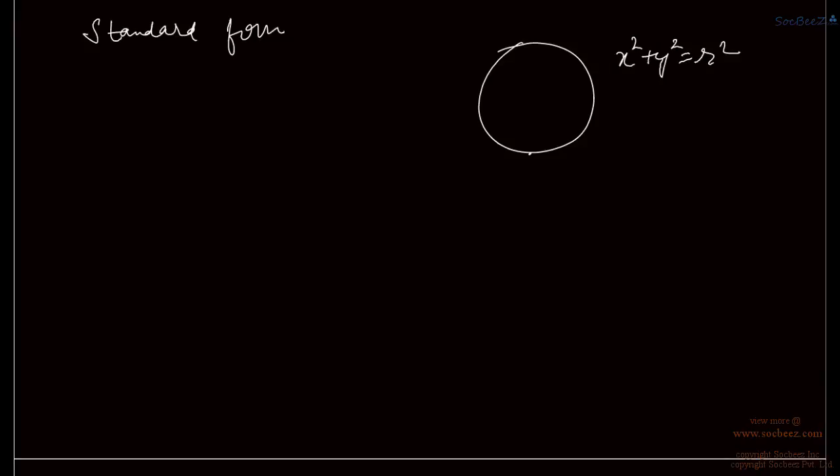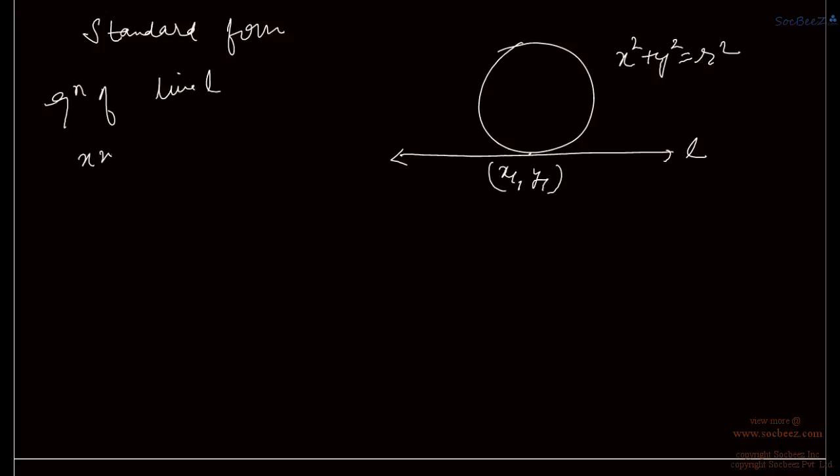This is a circle, x square plus y square is equal to r square, and this is a point on which this line is tangent, and this is a point x1 y1. So we have the equation of line L as x x1 plus y y1 is equal to r square.